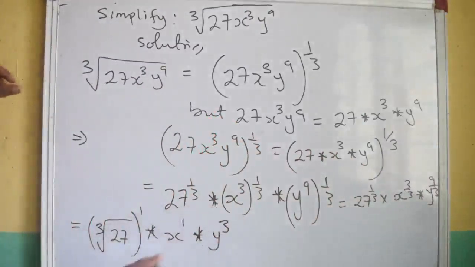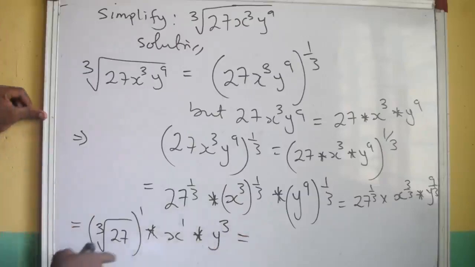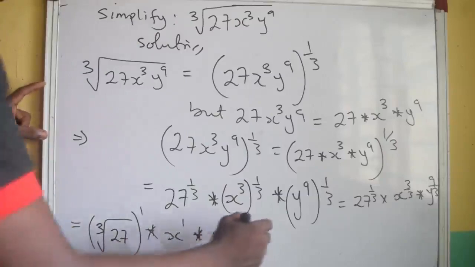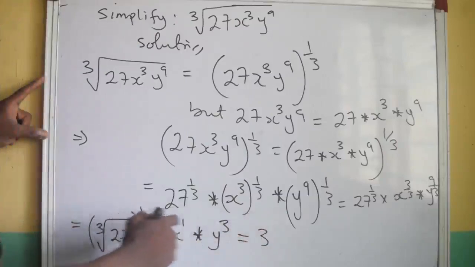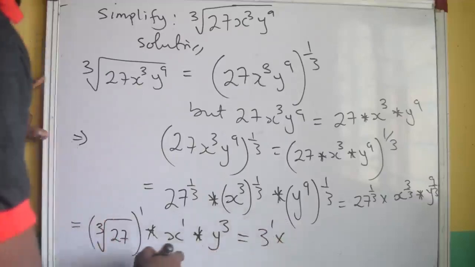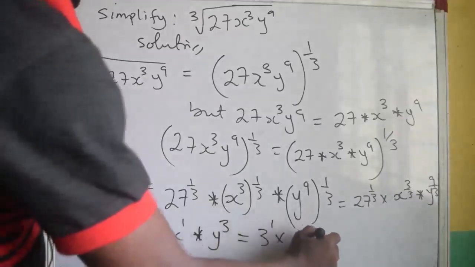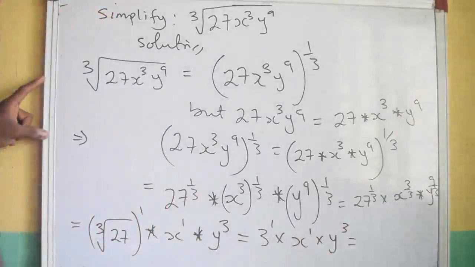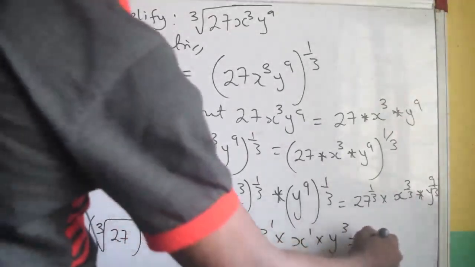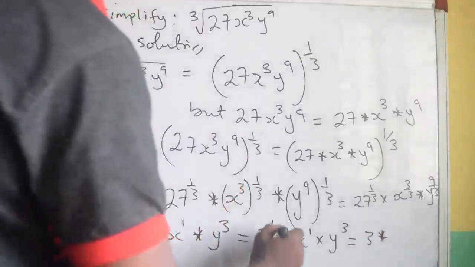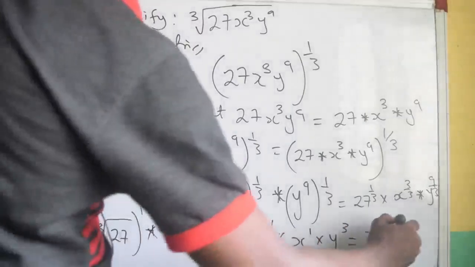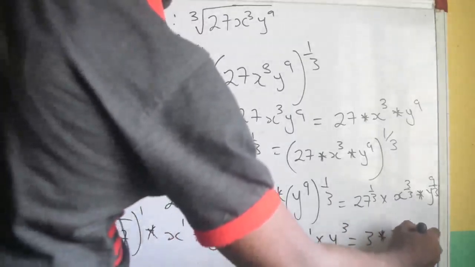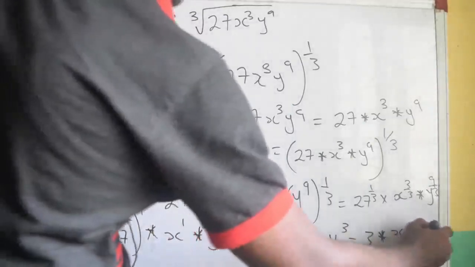So this will be the cube root of 27, which is asking what number will multiply itself 3 times to give you 27. That number is 3, raised to the power 1, multiplied by x raised to the power 1, multiplied by y raised to the power 3. So this will be 3 raised to the power 1 is 3, times x raised to the power 1 is x, times y raised to the power 3.